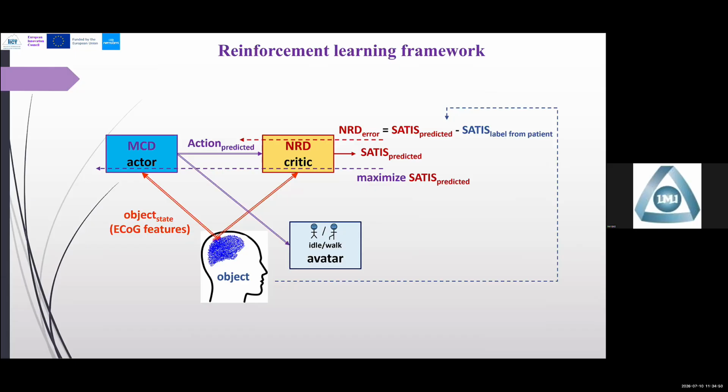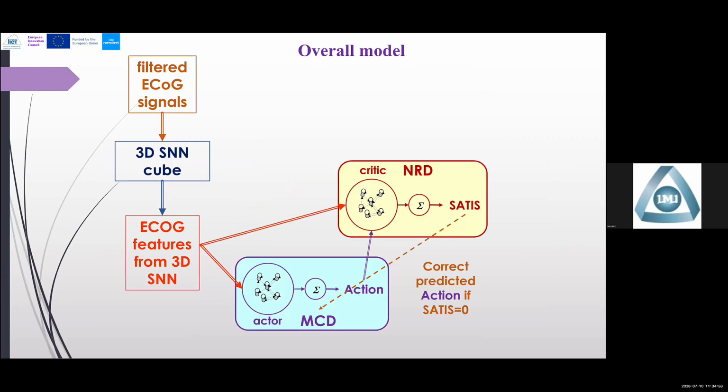And the aim is to maximize satisfaction. Both structures consisted of a 3D cube that first extracts new features, spiking pictures, and then we feed them to two echo state networks, and one interferes with the other.